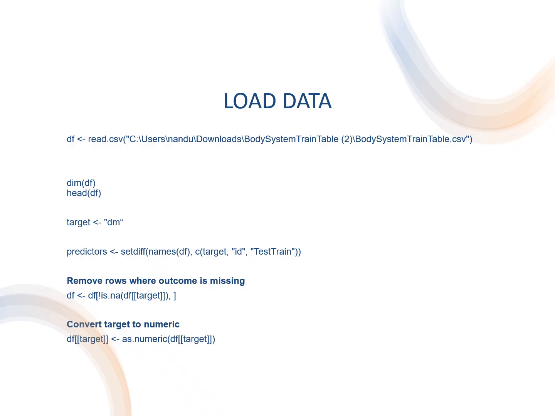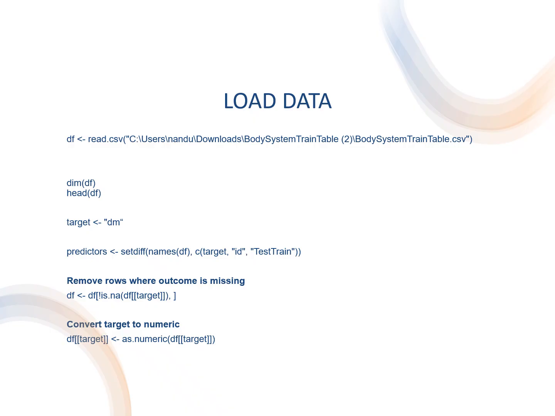First, I started with loading the data. In this slide, I begin by loading the dataset, which contains the body system information for thousands of individuals. For the first step, we check the structure using dim and head to ensure the data loaded correctly.